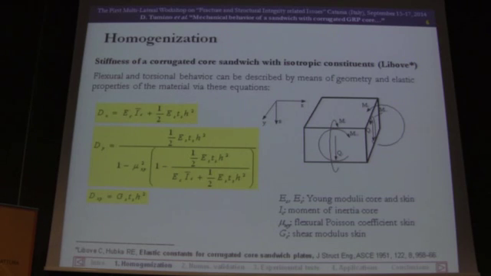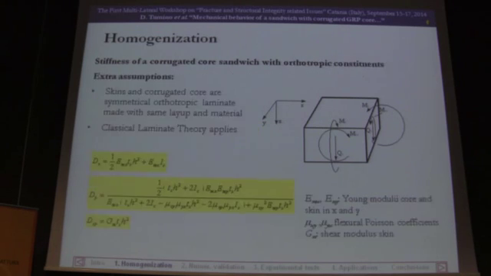But at this moment, our model works only in the case of out-of-plane behavior, just flexural and torsional behavior. These are the equations that give the stiffness of the unit cell as a function of the modulus of elasticity of the skin and of the core.